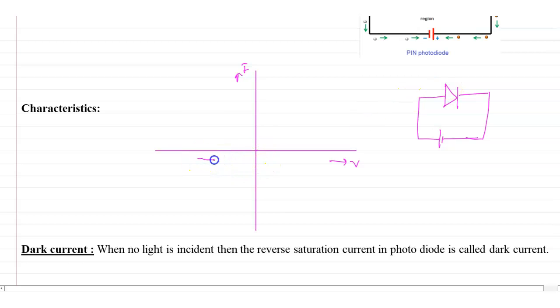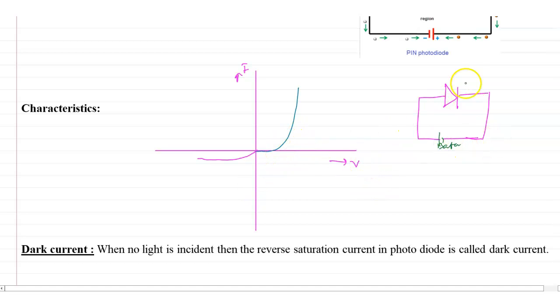Then the diode reverse bias current is very low. For reverse bias, the battery biasing is reversed, and we get low current. For forward bias, we have to change the polarity of the battery, like this.